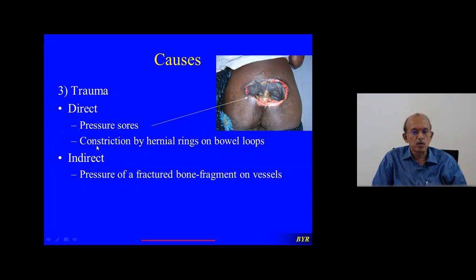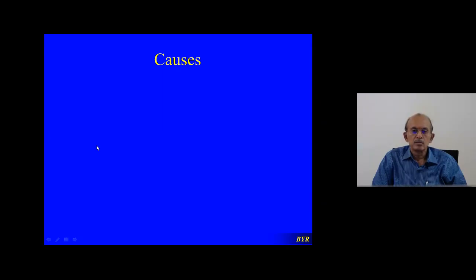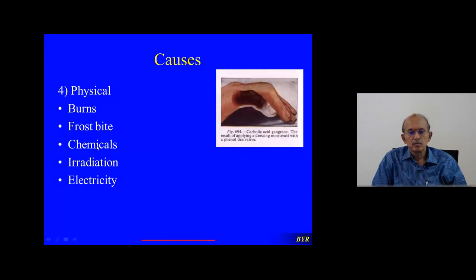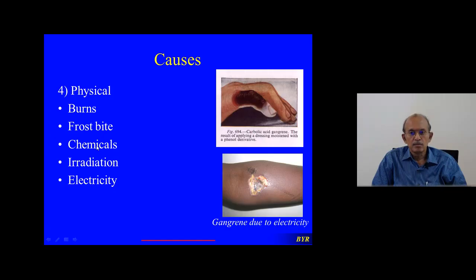That's called a bed sore. Then physical causes like burns, frostbite, chemicals, irradiation, and electricity. These can cause death of tissue and later putrefaction. So this is carbolic acid induced gangrene. This is gangrene due to electricity.